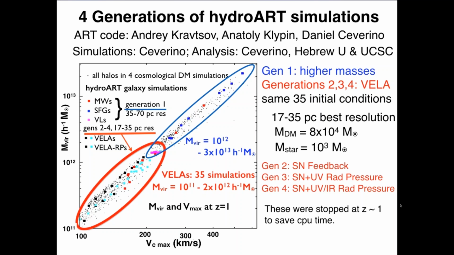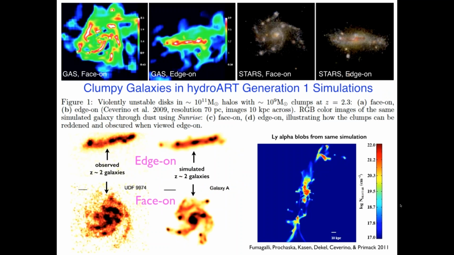This slide shows at the top face-on and edge-on gas distribution in our lower resolution, larger mass simulations, with the same simulation shown at the same time step, about redshift 2.3. And then we use our Sunrise code to convert these simulated galaxies into what we would see with Hubble Space Telescope. So in other words, what the stellar galaxy would look like.